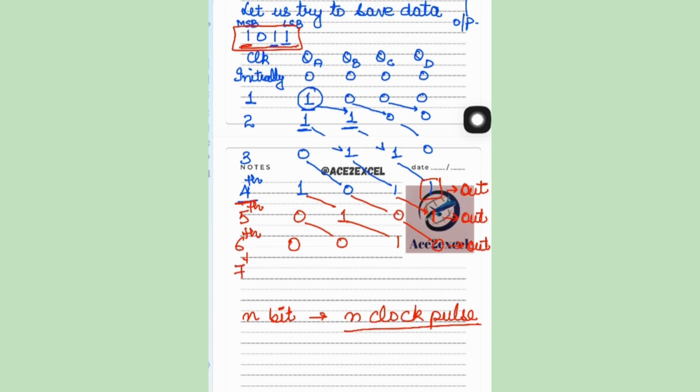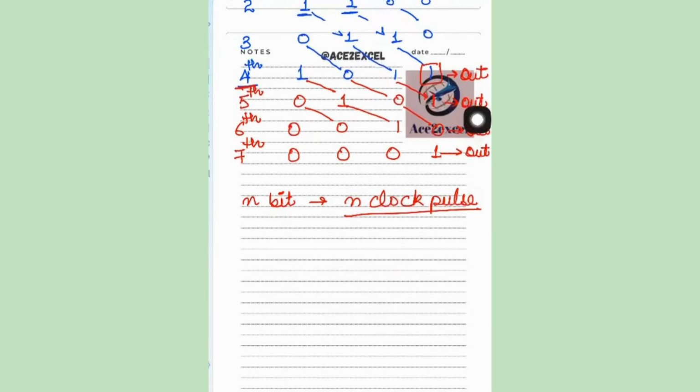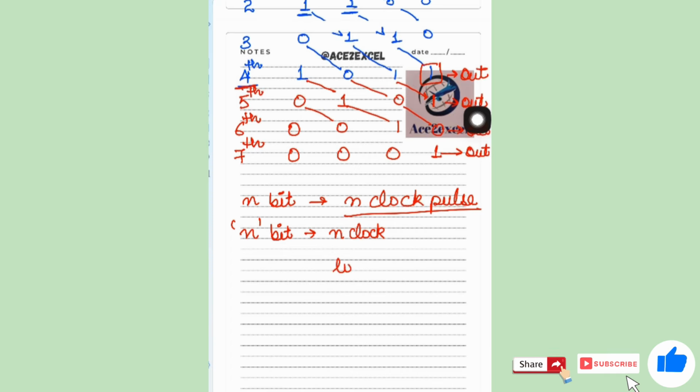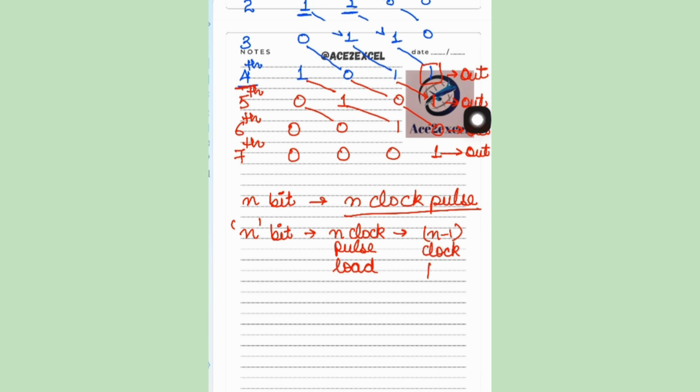At the 7th clock pulse, the complete data is out. So if I have n bit data, it requires n clock pulses to completely load inside, and further it requires n minus 1 clock pulses to come out.